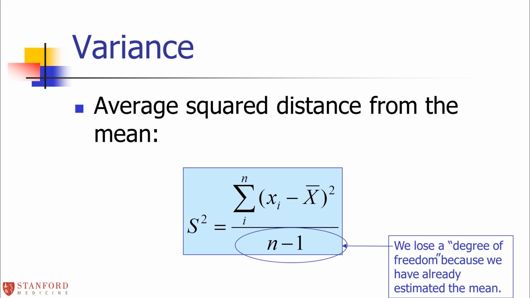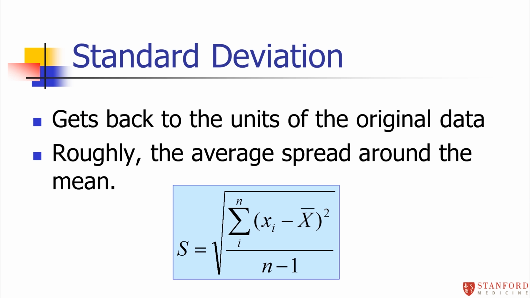That means that once you've calculated the mean, you only have 99 degrees of freedom left, because that last person is fixed. They can't be anything else. Once you have the 99 and the mean, there's nothing else that person can be. So you've lost a degree of freedom. Again, that's a technical thing, but it will come up again, so I just want to point out that it's there.